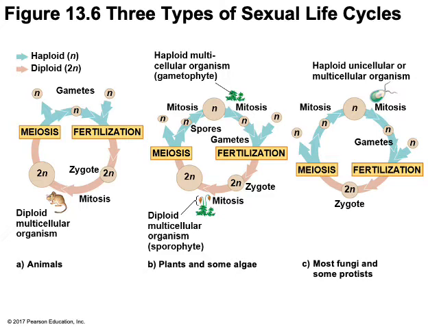Plants, on the other hand, go back and forth. In plants, and that's the center diagram, we have what's called alternation of generations, where we go from a diploid multicellular organism that undergoes meiosis to produce spores, and those spores go off and grow into a haploid multicellular organism, which produces gametes that come together to form that diploid multicellular organism.